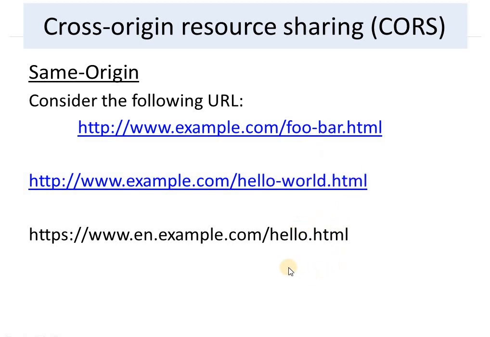So this is a case of the same origin policy, and it was followed many times ago for security purposes. What does it mean? You can access any resource from the same domain only. You cannot access resources from another domain.